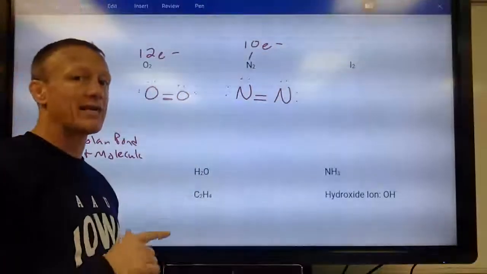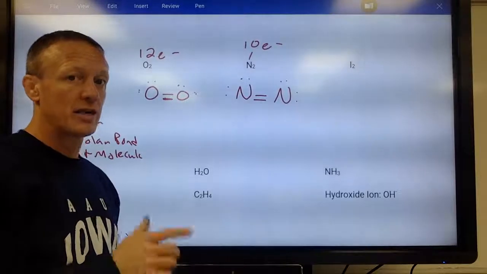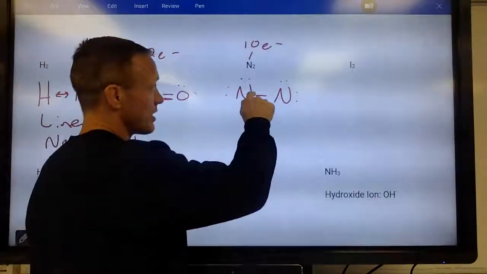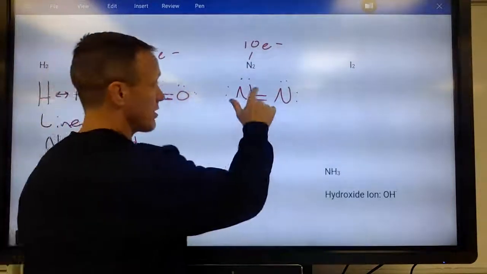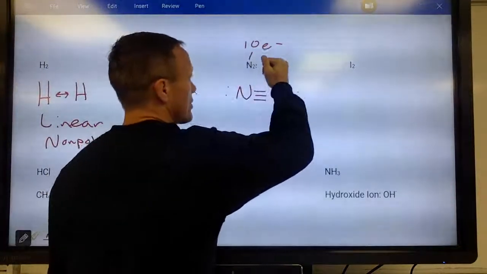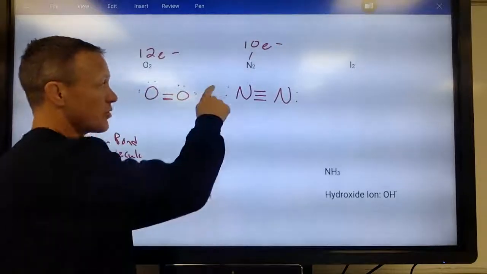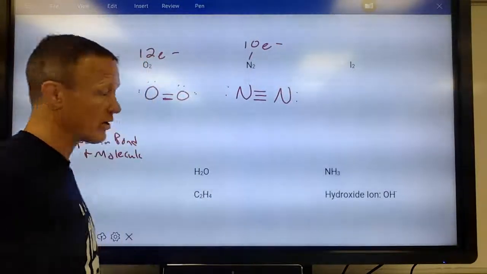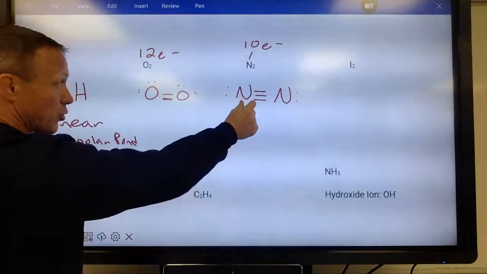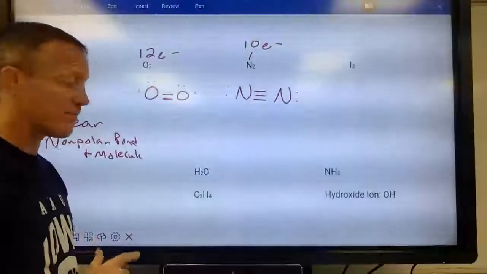Again, my goal is to always get 8 electrons around nonmetals. 2, 4, 6, 8, 2, 4, 6, 8. But that is still 12 electrons. So add a triple bond, erase. Unshared pair. There's 6 electrons being shared in the middle of nitrogen. Again, triple bonds are shorter and stronger, and have higher bond energy than double bonds.